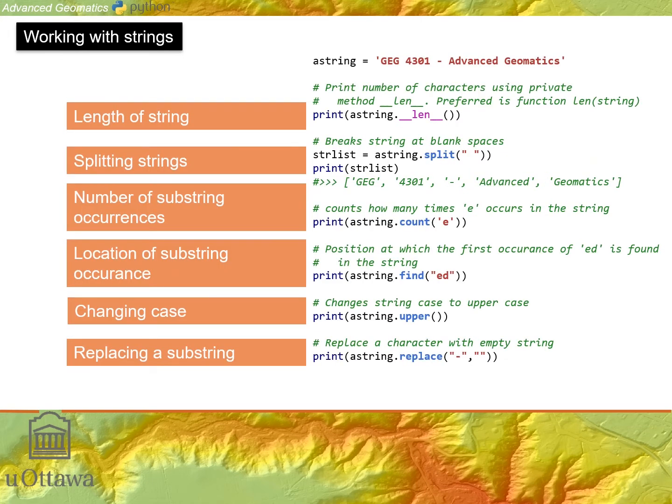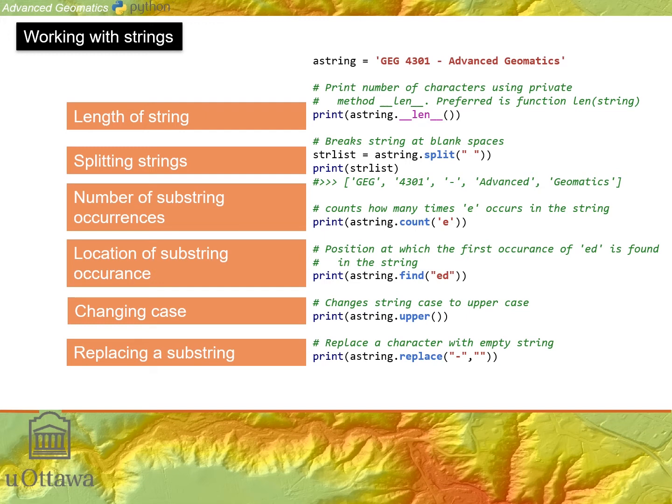So working with strings, we can look at lengths. We can split strings, which are very useful. Look for occurrences within a string of a particular letter or number. Find the first instance of something. Change the case, or even replace things within a string with other characters or sets of characters.